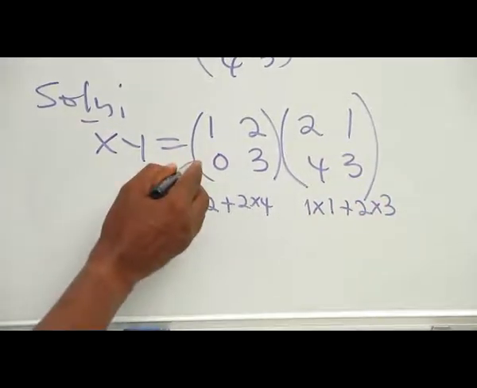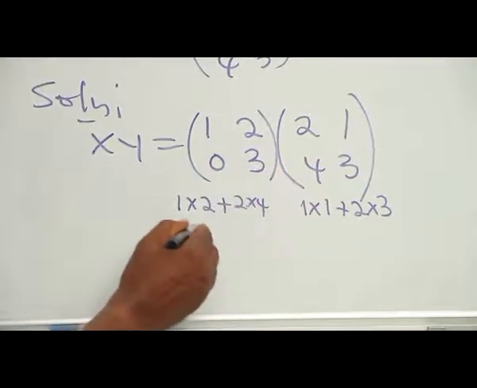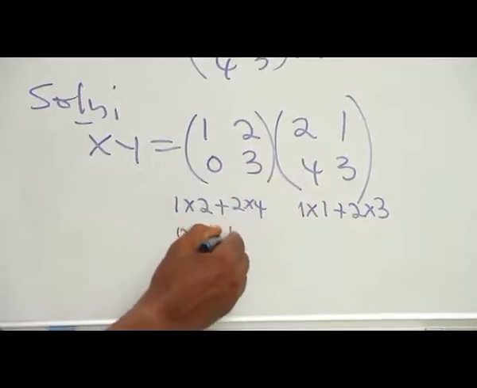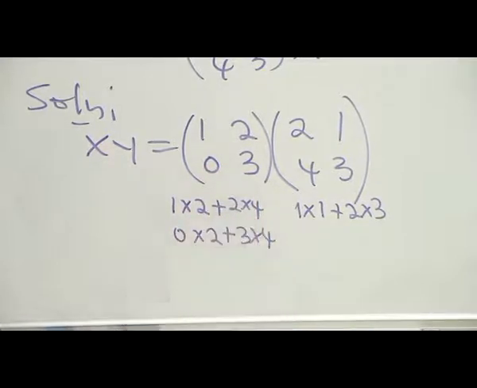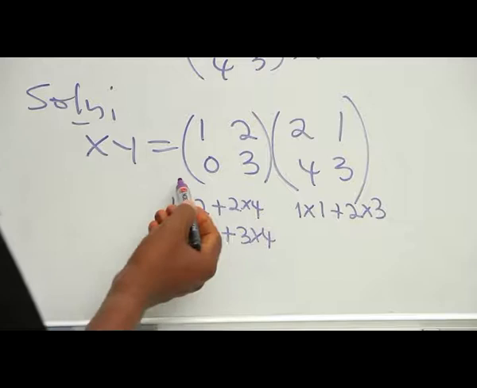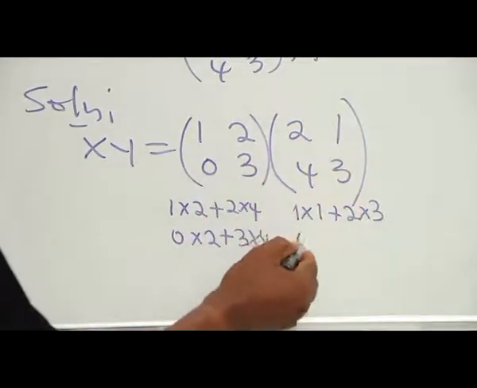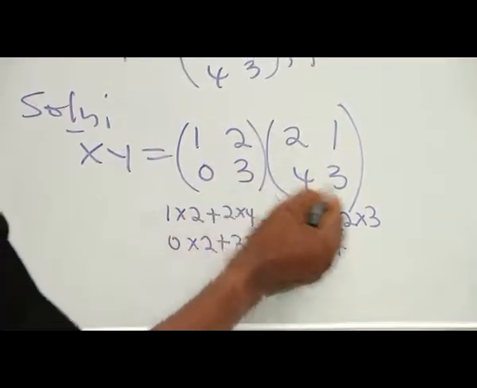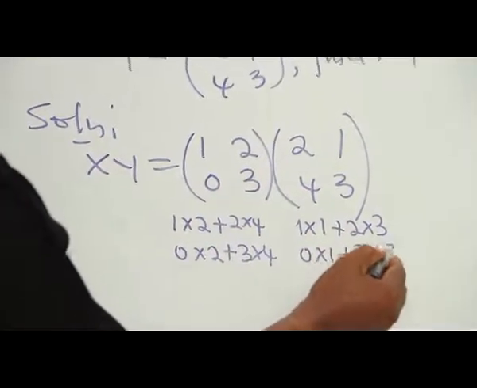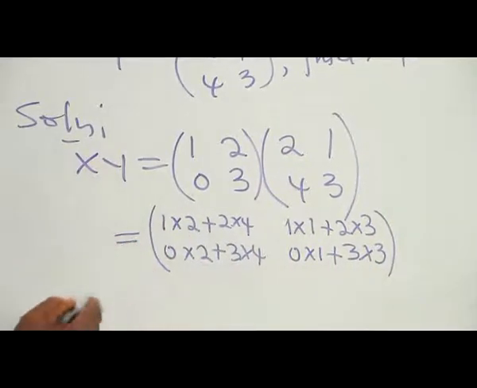Then we move on to the second row and the first column: 0 times 2 plus 3 times 4. Then take the second row and the second column: 0 times 1 plus 3 times 3. This is the order in which you carry out your multiplication.